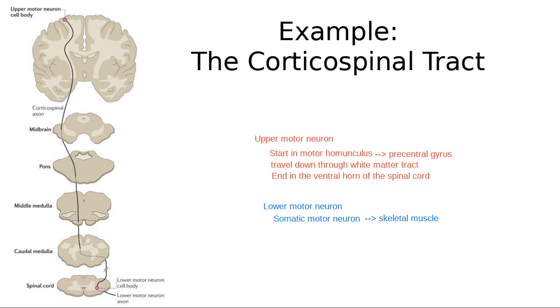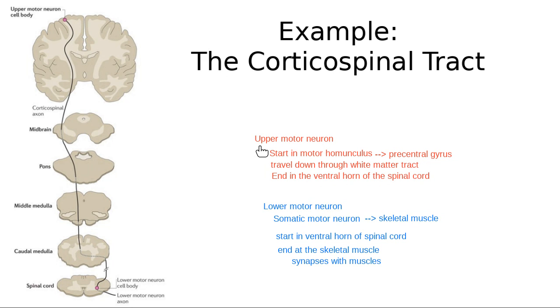They start in ventral horn of spinal cord. They leave through the ventral root, and they end at the skeletal muscle. The lower motor neuron is what actually makes muscle happen, or action happen, what actually causes the muscle to contract. So this synapses with muscles.